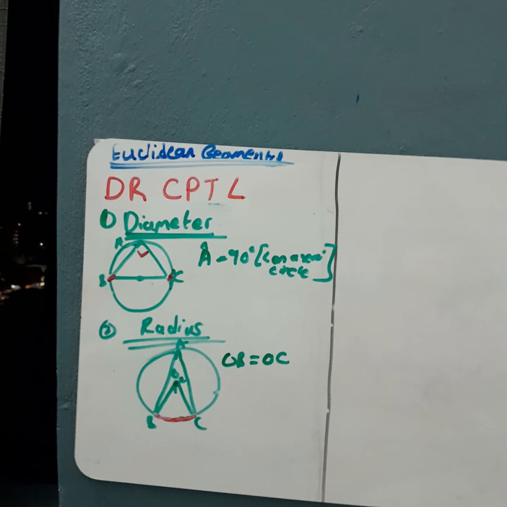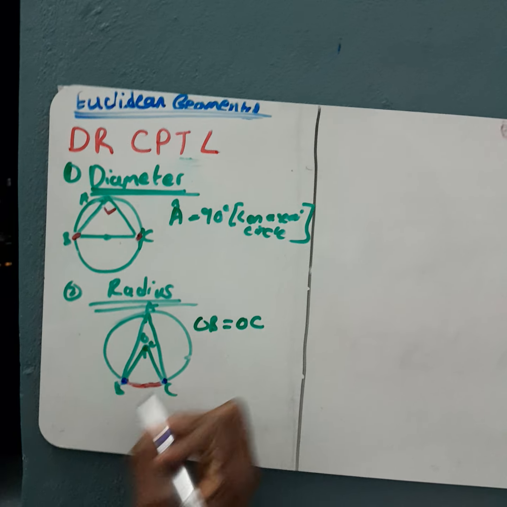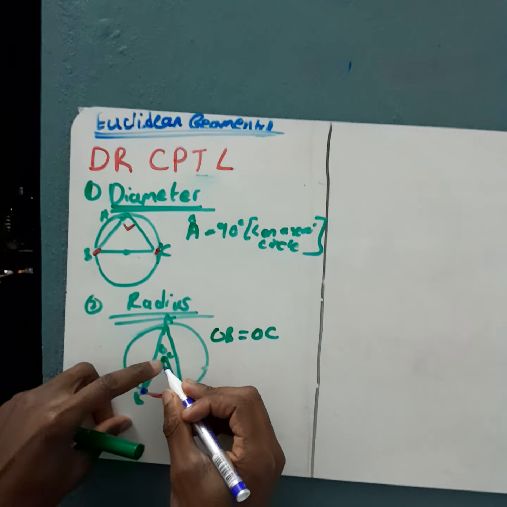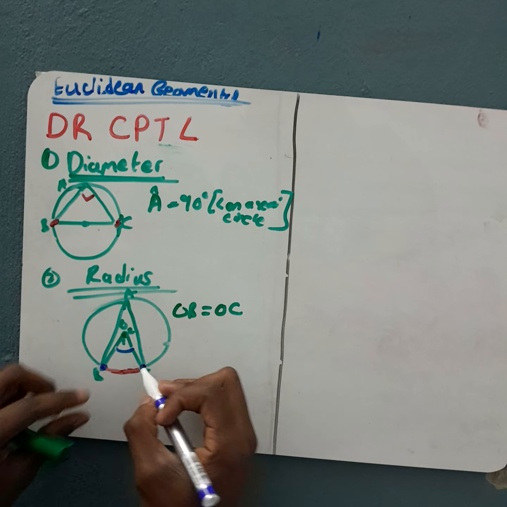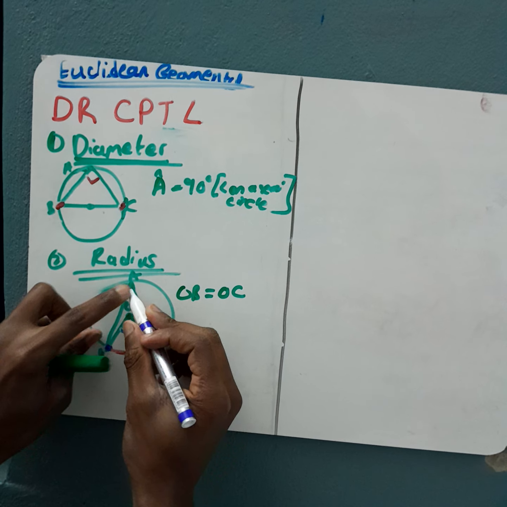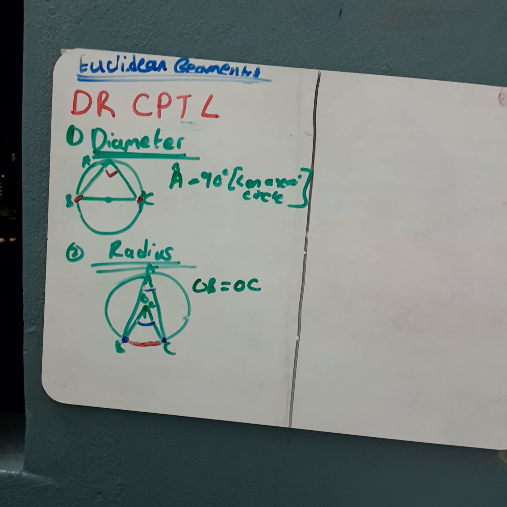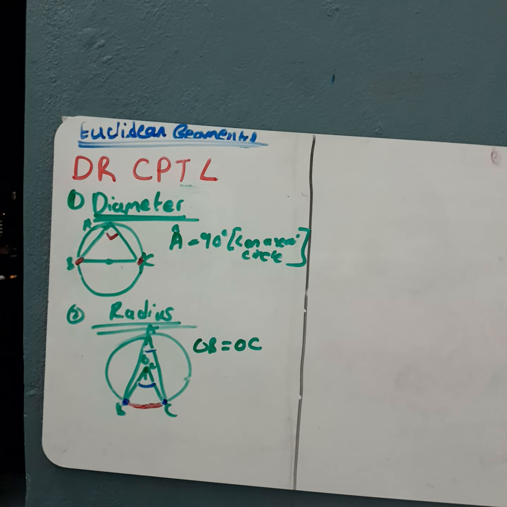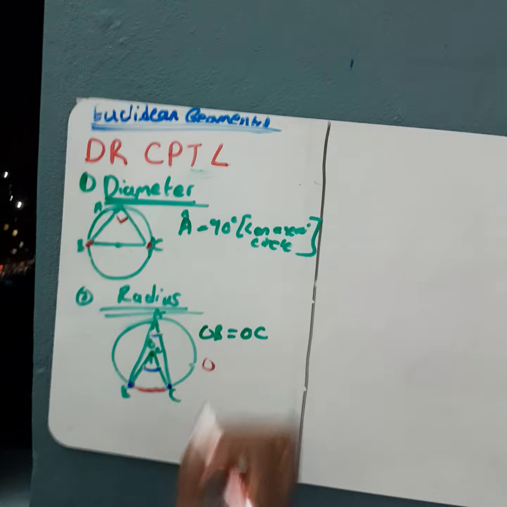So let's check the endpoints of arc BC, this one and this one. If we go up with arc BC, we can see it's subtending angle O1. Again, we go to the endpoints of that arc, we go up, and we can see it is subtending angle A. So the angle subtended by that arc at the center is angle O1.